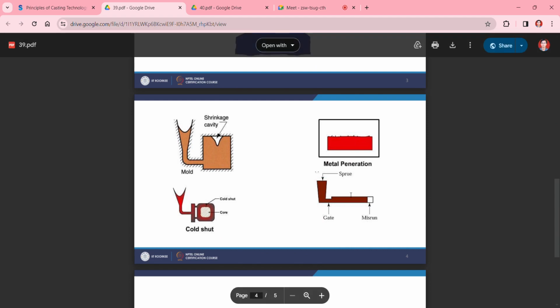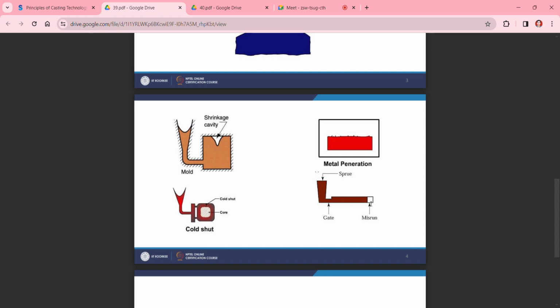Then metal penetration, or you can say misrun. We have talked about misrun. Misrun is basically created due to the lower fluidity of your molten metal. We want molten metal to flow up to this point, but due to low fluidity of the molten metal, it has solidified here only.